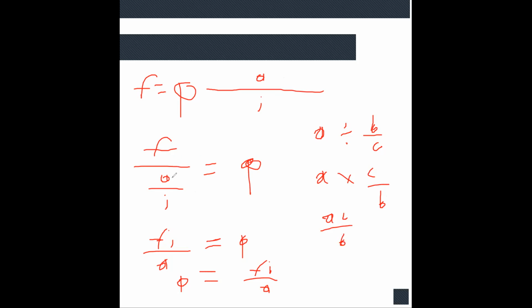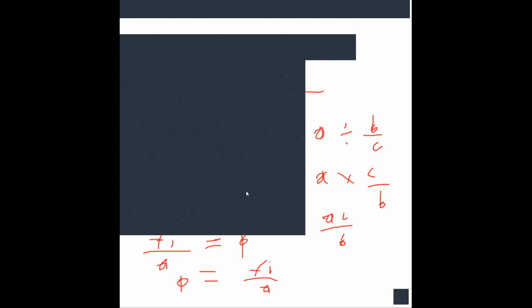This is FI over A, which is equal to P, and that answer choice was indeed there. Let's see if we can do one more.